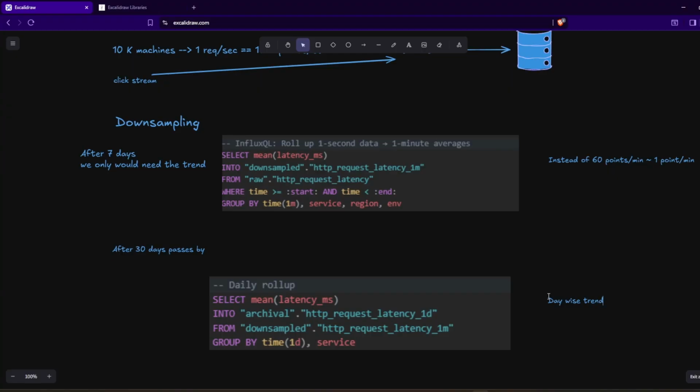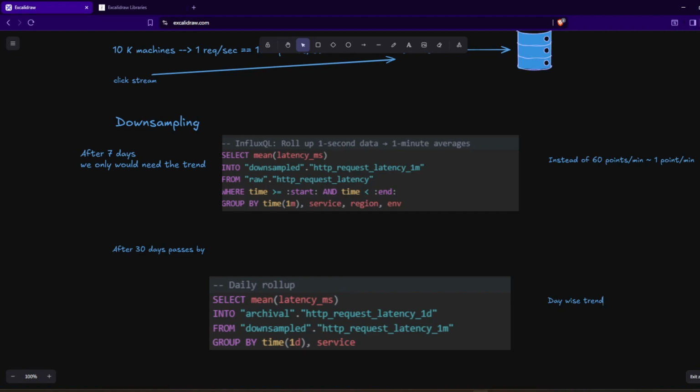And that's the secret sauce behind all the graphs that you will see most of the time. After a certain period of time in Dynatrace or in New Relic or in SignalFx, you will see all of them are in a day-wise trend, and the more backward you go, you will see a week-wise trend or a month-wise trend, or whatnot.